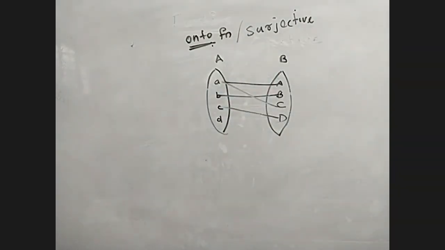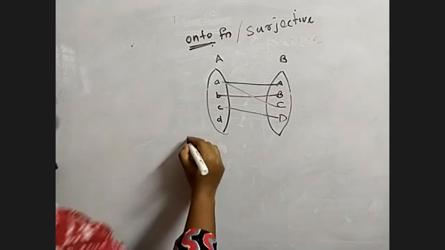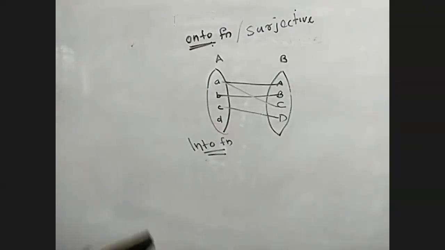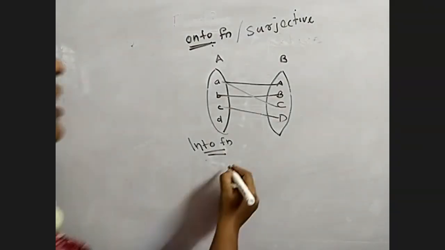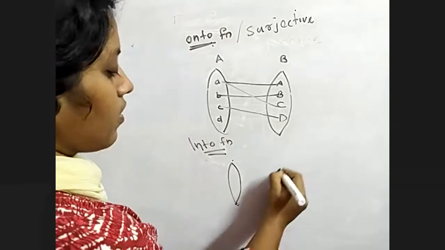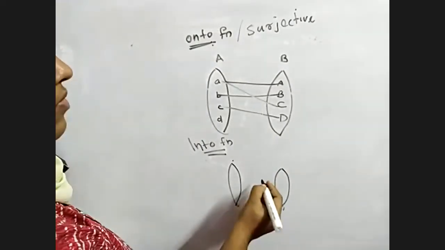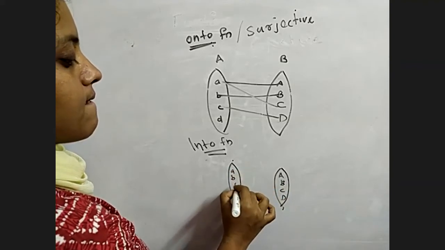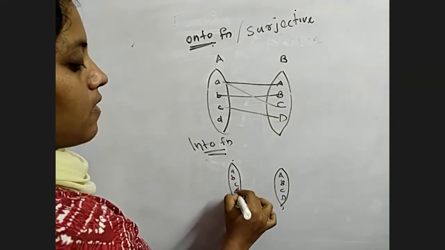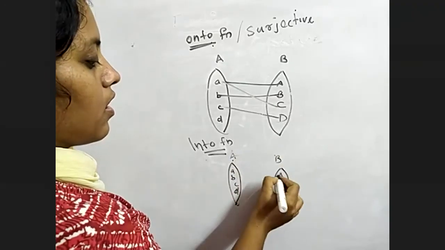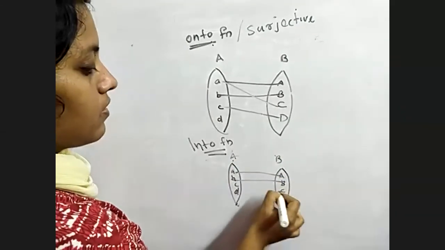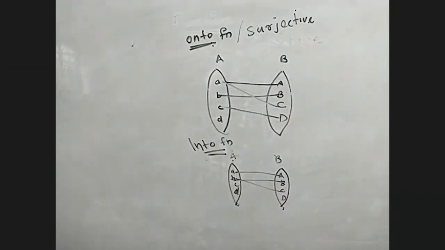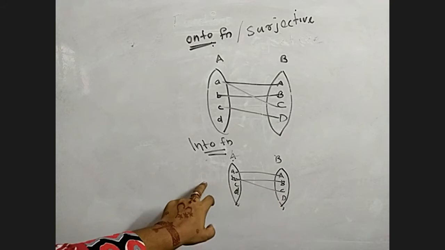Now, next thing is what is the opposite of onto function? That is into function. What is an into function? Into function means, see this D is not having any pre-image here.